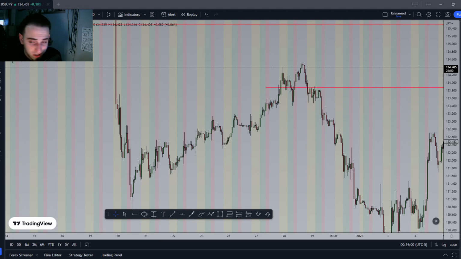So the topic of today, the lesson, is going to be trend lines. What is a trend line? A trend line is a move caused by the market in an uptrend or downtrend.